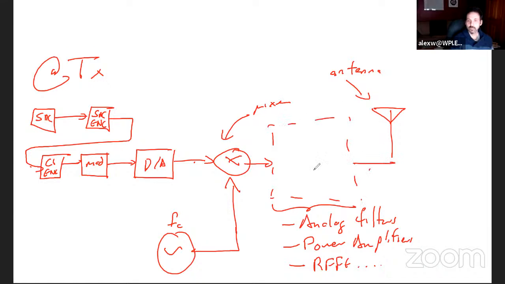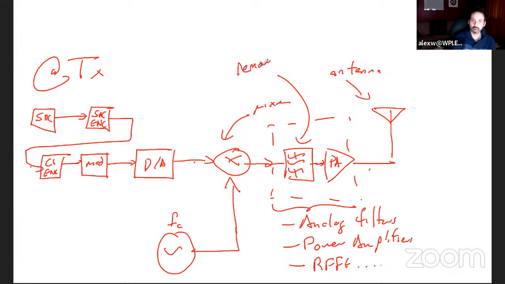Suppose you have something like this. You have the mixing, then some sort of bandpass filter, then a power amplifier, PA. This removes unwanted harmonics and other stuff.